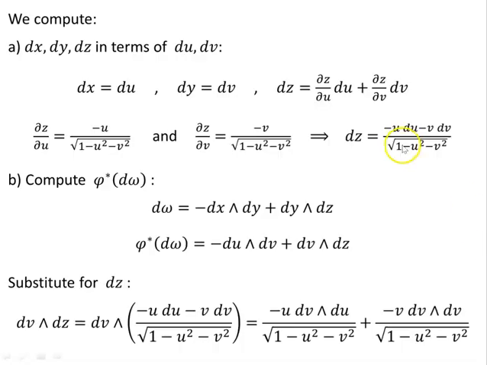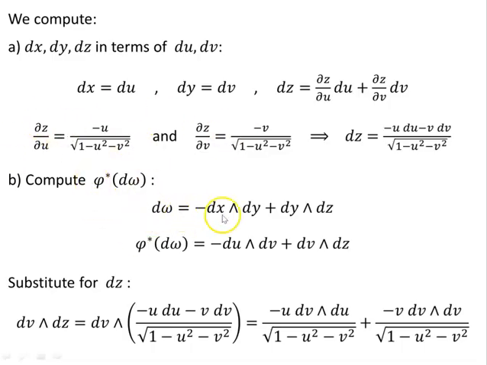All right, remember here z of (u, v) is that object. x of (u, v) is u, y of (u, v) is v, z of (u, v) is that. So putting those in, we get partial z over partial u and partial z over partial v, and putting them together, we get dz. So compute the pullback of d omega under phi, which is that map I've mentioned earlier.